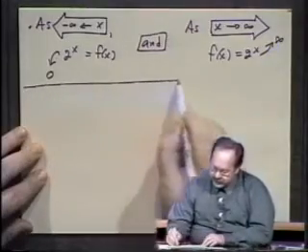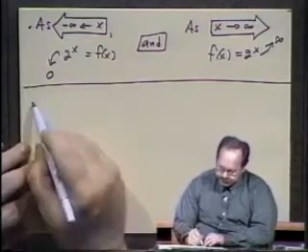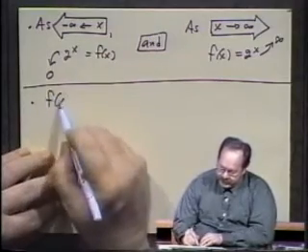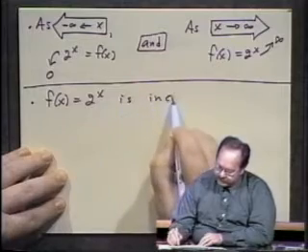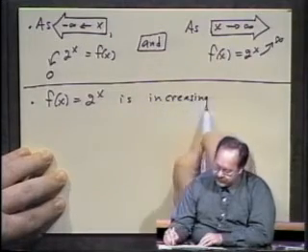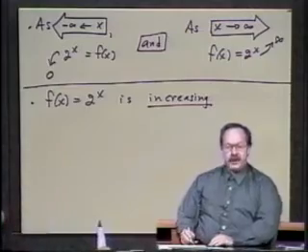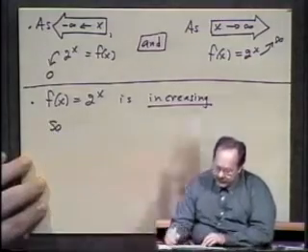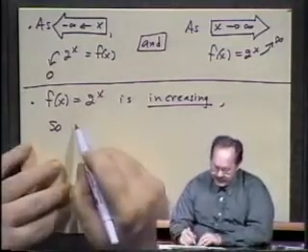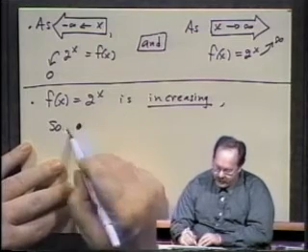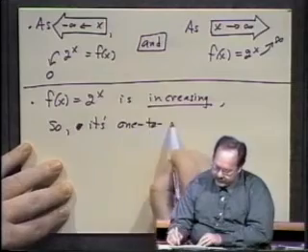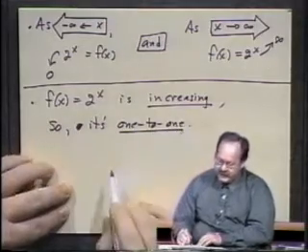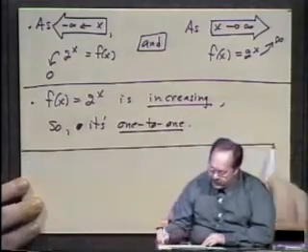That's something you should have been able to see in your pictures. It is also clear from the picture that f of x equals 2 to the x is an increasing function. From left to right, it goes upward. So, by the theorem we had in the previous segment, it's 1 to 1. Any function that is increasing is automatically a 1 to 1 function.